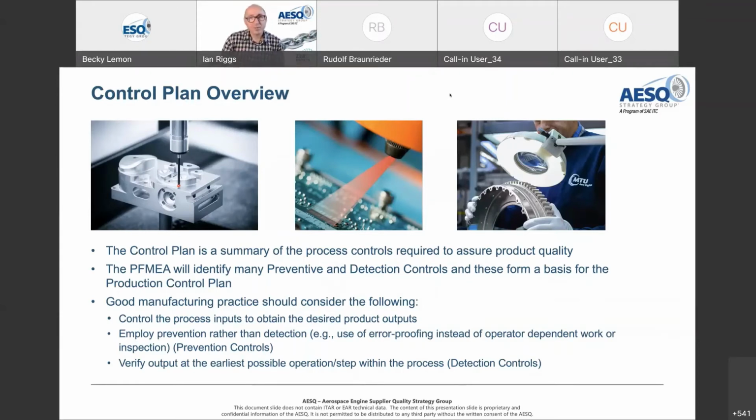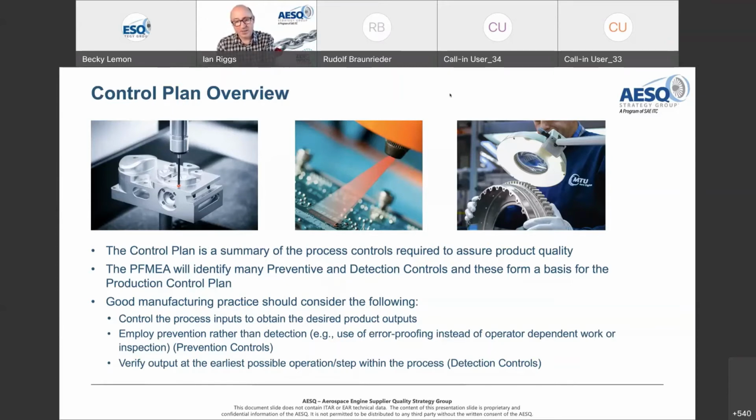Like with the FMEA, the focus should be on prevention rather than detection. So the more things we can do with error proofing to take the onus away from an operator or an inspector to actually catch something, that's where we should be trying to focus.